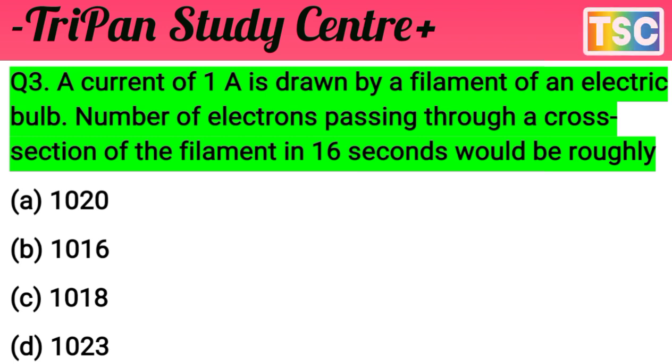The number of electrons passing through a cross section of the filament in 60 seconds would be roughly. The options: A, 10^20. B, 10^60. C, 10^18. D, 10^23. That is an important question.